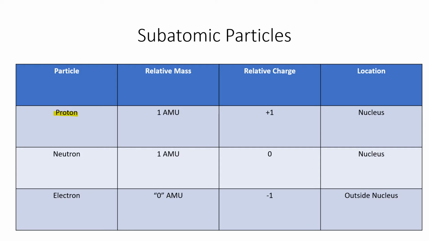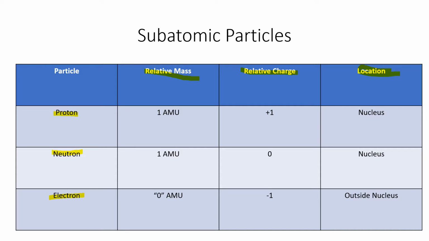We can have protons, neutrons, and electrons. And we're going to compare these with respect to relative mass, relative charge, and finally the location of where you would find these different particles within an individual atom.